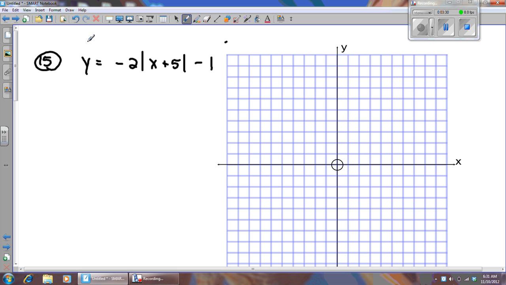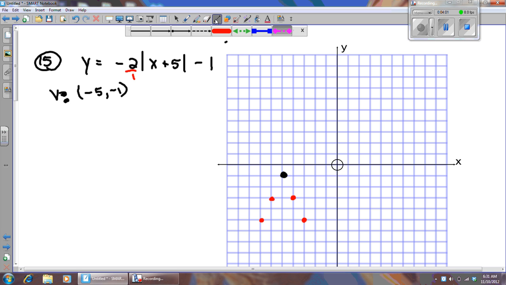All right, let's try problem 15. Going to find my vertex first of all. That looks like it's going to be at the point -5, -1. So I'm going to go 1, 2, 3, 4, 5, -1. Then I'm going to use my slope, which as a fraction is -2/1. So I'm going to go down 2, 1, and on the other side, I'll go down 2 and back 1.